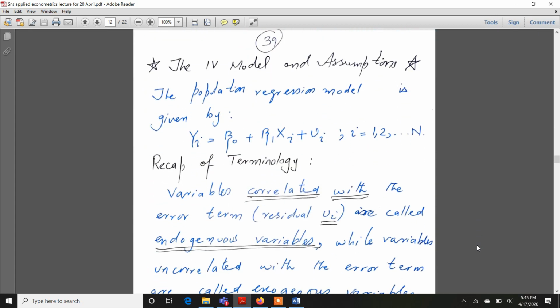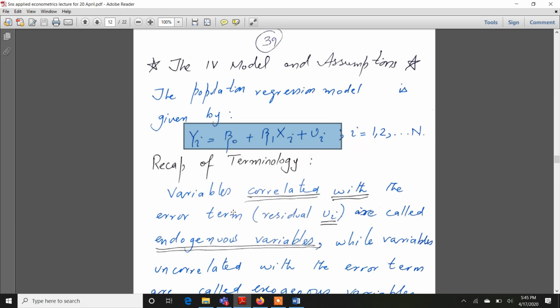First of all, the instrumental variable, its assumptions and some terminology, and then we will see how to use it. So recall that the original regression equation that we were targeting was y as a function of x, so that's why you have this type of equation.